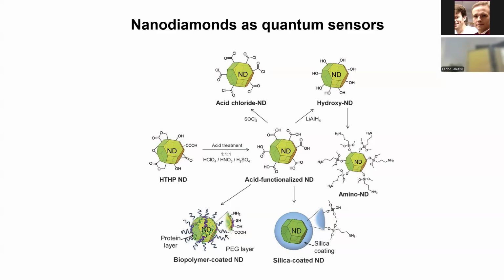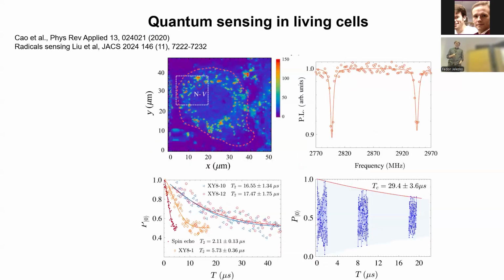The advantage of silica is that there is already a very rich set of functionalization existing from the chemistry. All this is available in terms of functionalization of diamond particles.